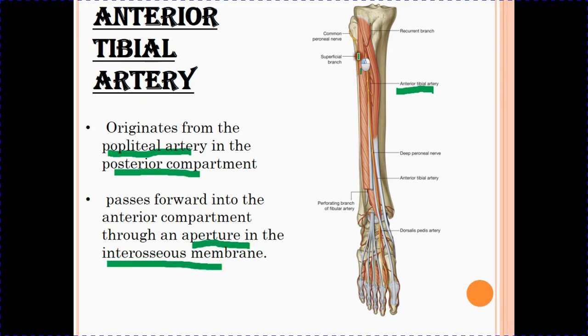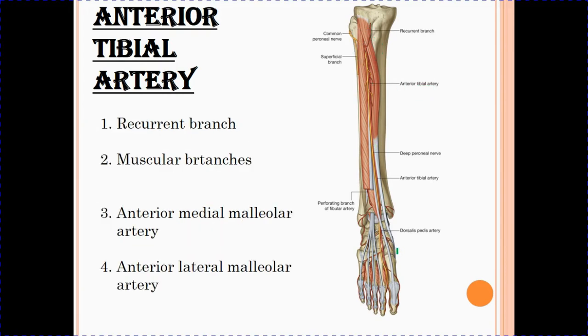Now here you can see there is an aperture in the interosseous membrane through which the anterior tibial artery enters into the anterior compartment. It runs between the muscles and it gives off numerous branches over here.